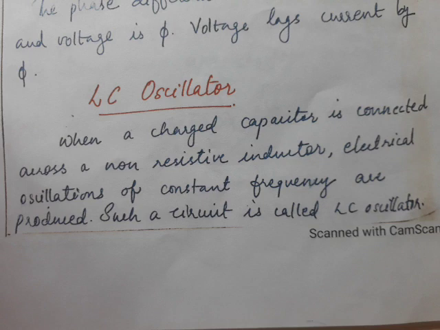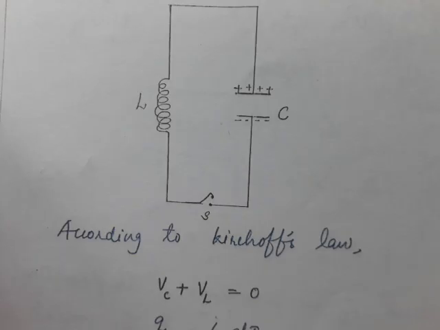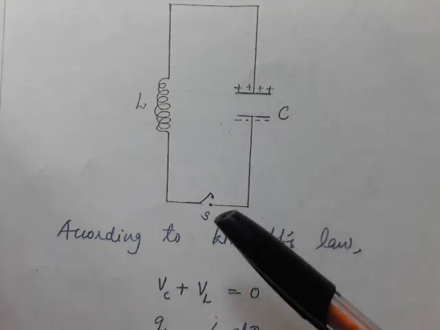For example, if we connect a charged capacitor with an inductor, electrical oscillations occur, that is, energy from the capacitor flows to the inductor and energy from the inductor flows to the capacitor. So there is an oscillation of a particular constant frequency, and that circuit is called an LC oscillator. So this is an LC oscillator. We have an inductor here and a capacitor here.